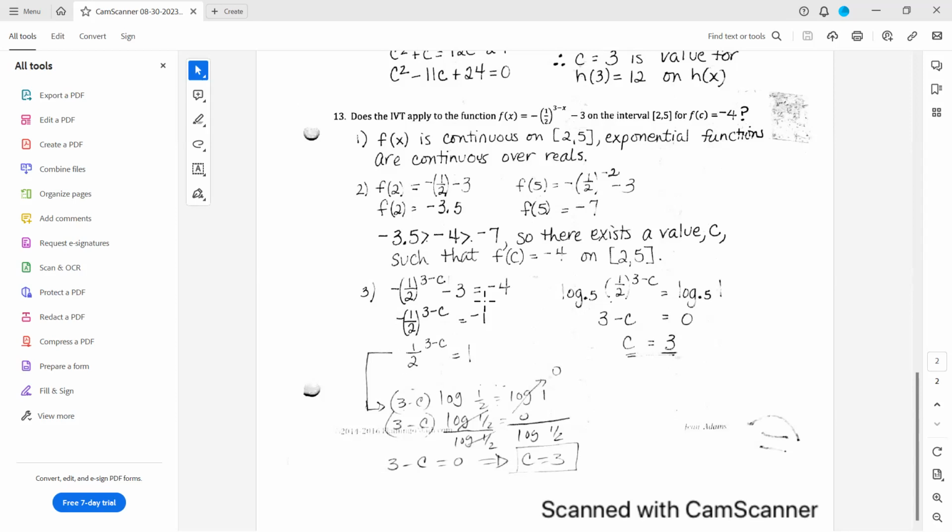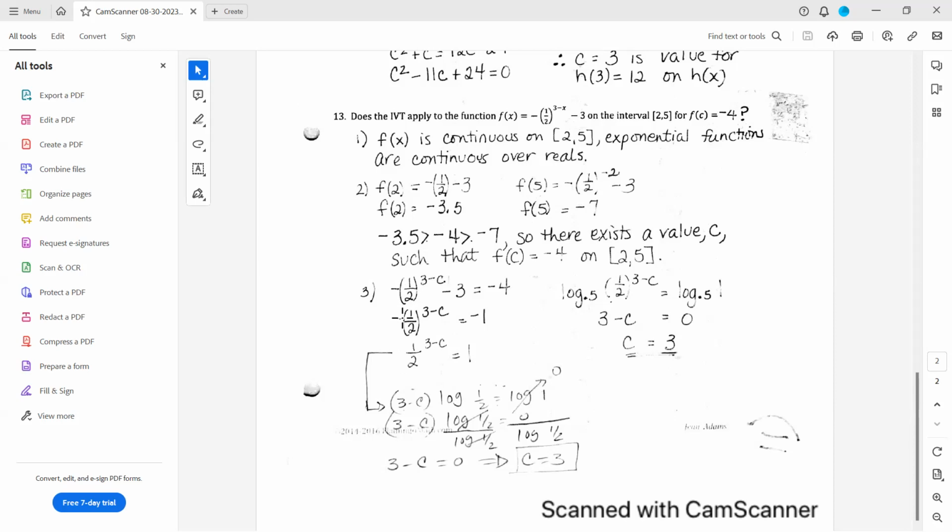Now, what she did here next was this negative. This negative is on the outside. So she said, I'm going to make my life easier by making my equation positive. She multiplied both sides by -1.